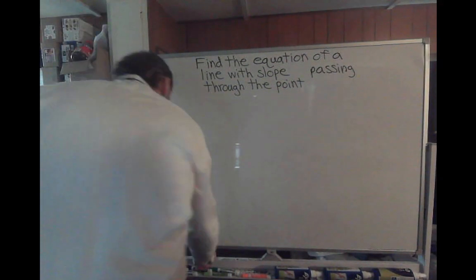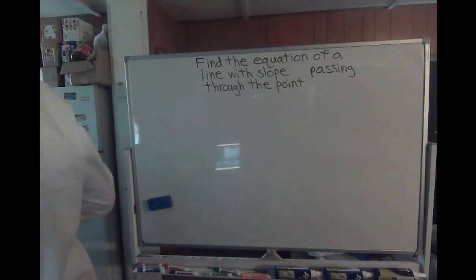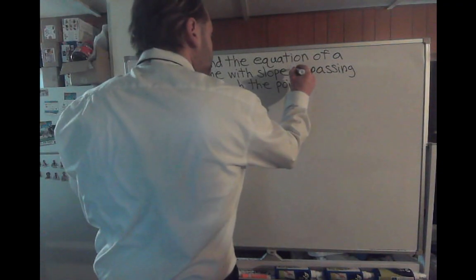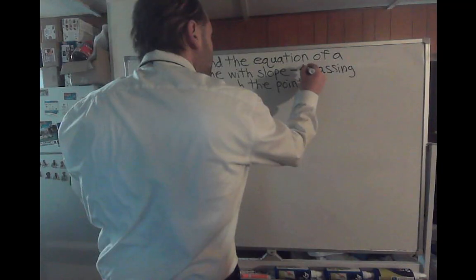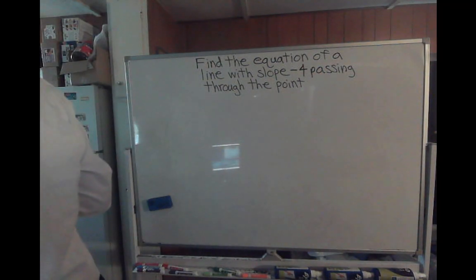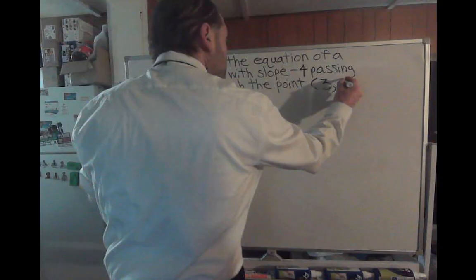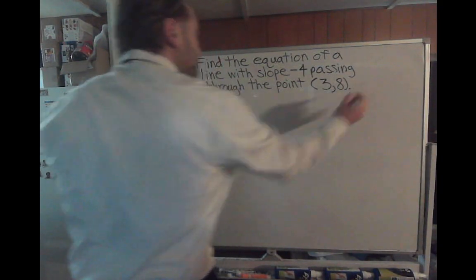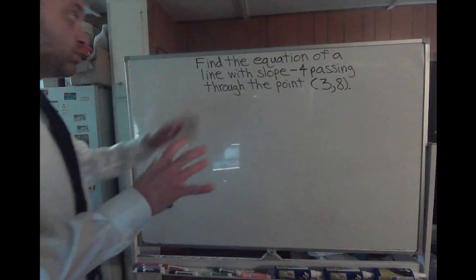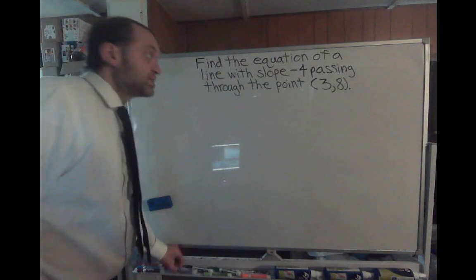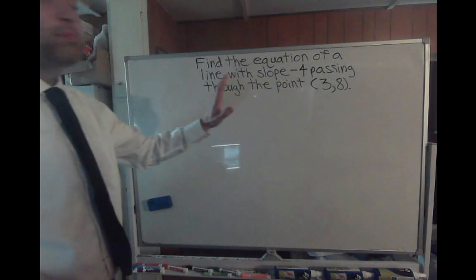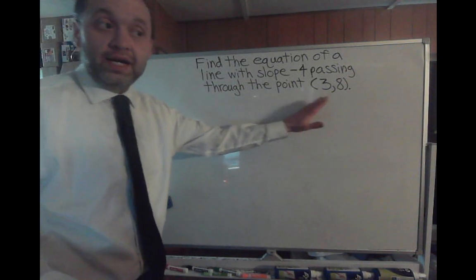Alright, so let's see. This time we have a slope of -4 passing through the point 3, 8. So we are being asked this time to find the equation of a line that has a slope of -4 and passes through the point 3, 8.